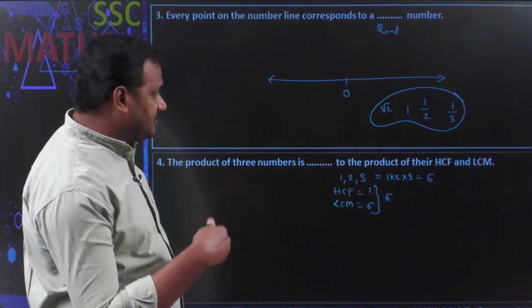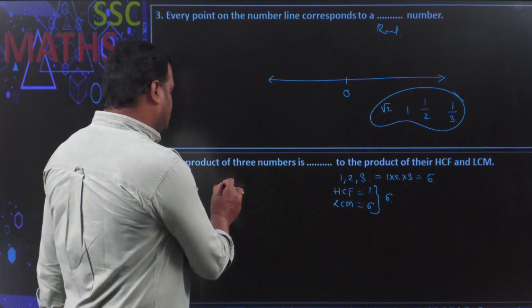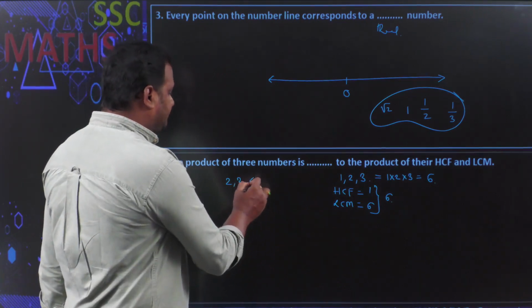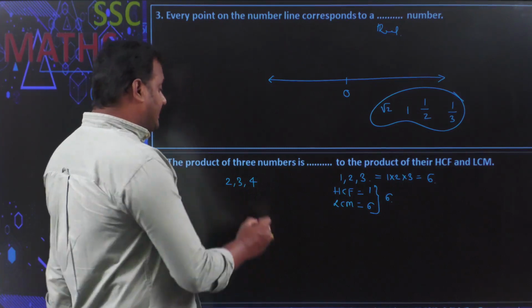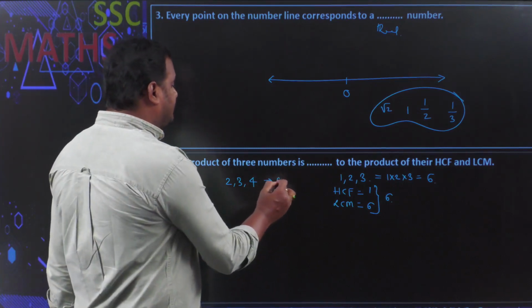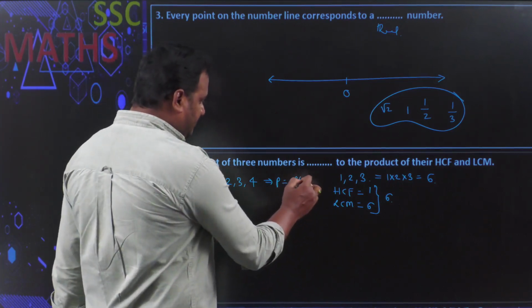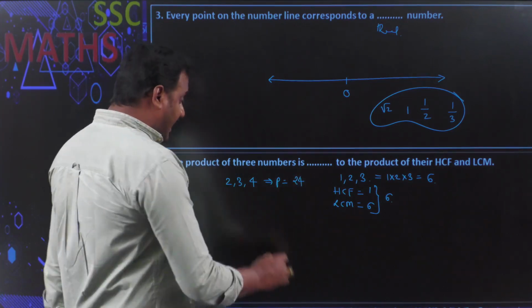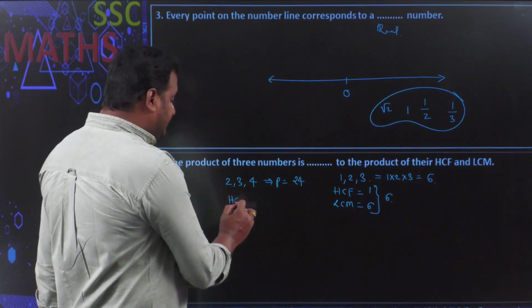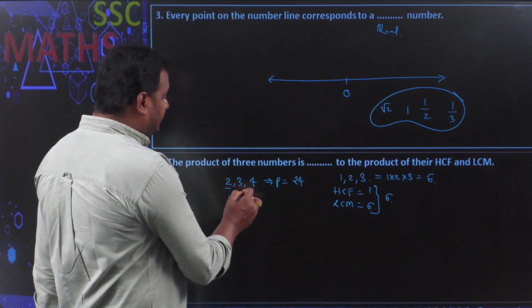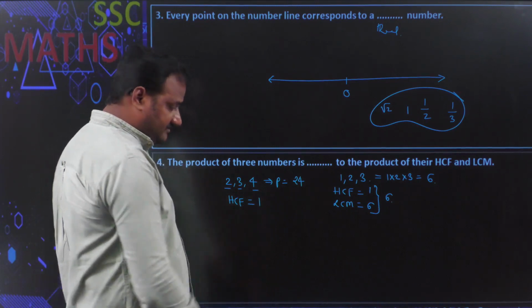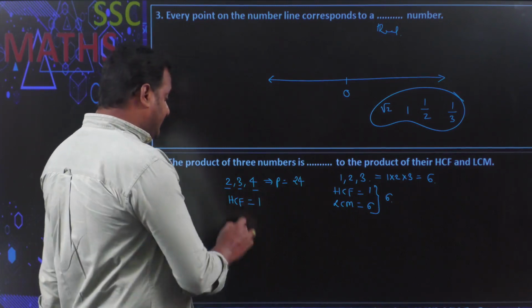Now I would like to take some other numbers like 2, 3, 4. What is the product of these numbers? 2 3s are 6, 6 4s are 24. And what is the HCF of these three numbers? HCF of 2, 3, 4 is only 1. And what is the LCM?